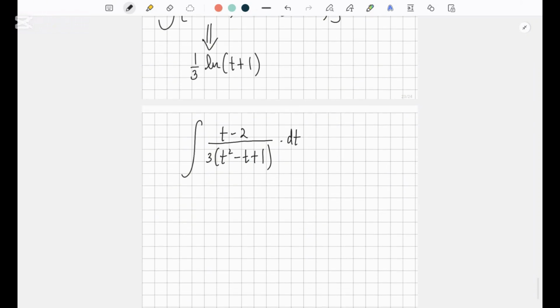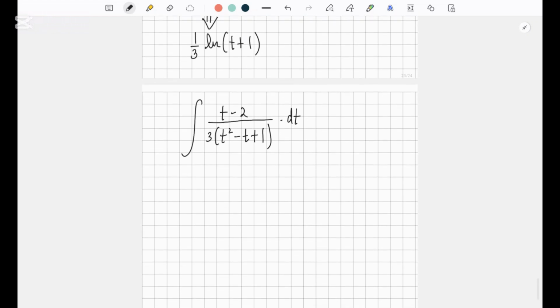Now what I'm going to do is I'm going to multiply the denominator and numerator by 2. So you'll have 2t minus 4 over 6 into t squared minus t plus 1. The reason I'm doing that is because when you differentiate t squared minus t plus 1, you'll have 2t minus 1. But if you look at our numerator, we don't have 2t minus 1, right?